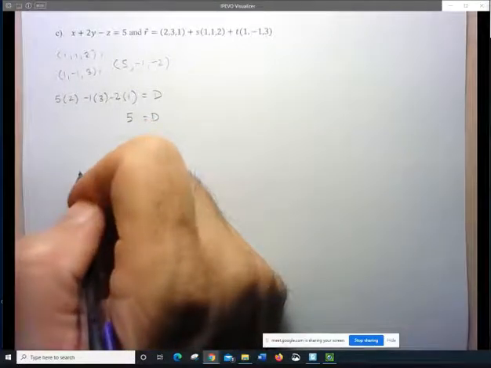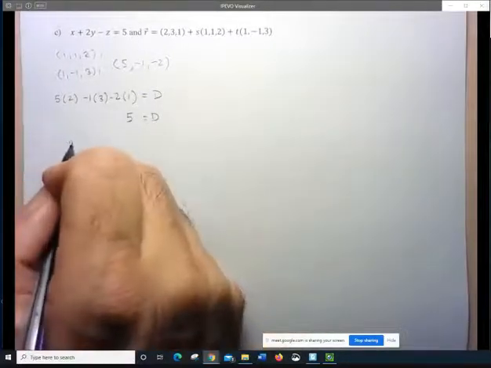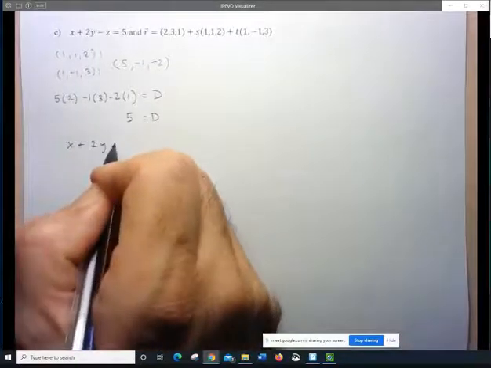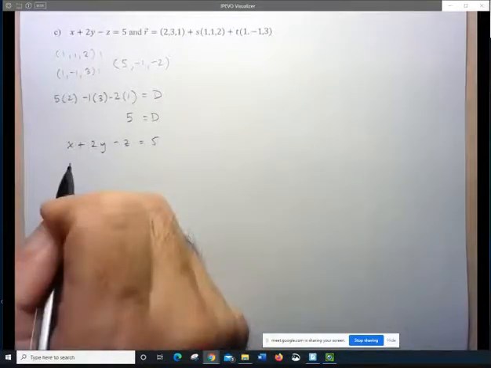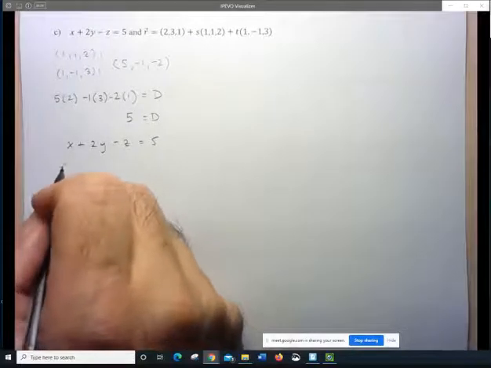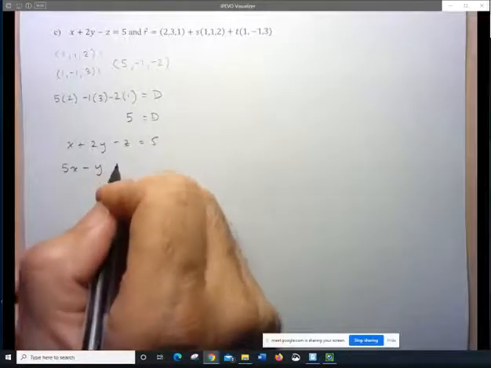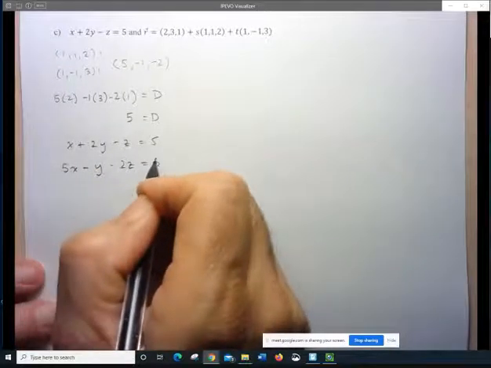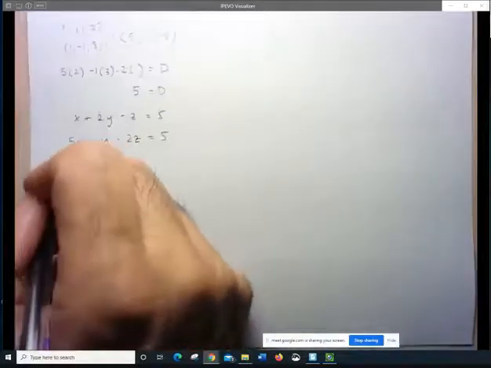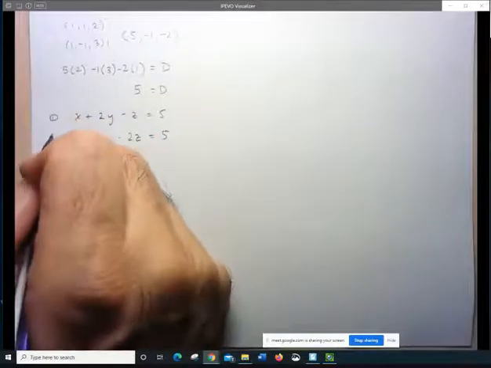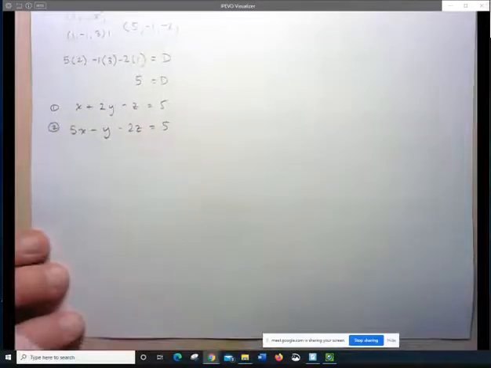Okay, so now I have my two equations: x plus 2y minus z equals 5, and 5x minus y minus 2z equals 5. This is the system that I'm going to be solving.